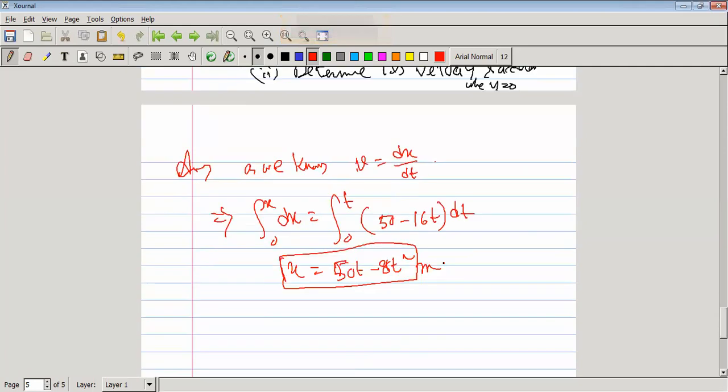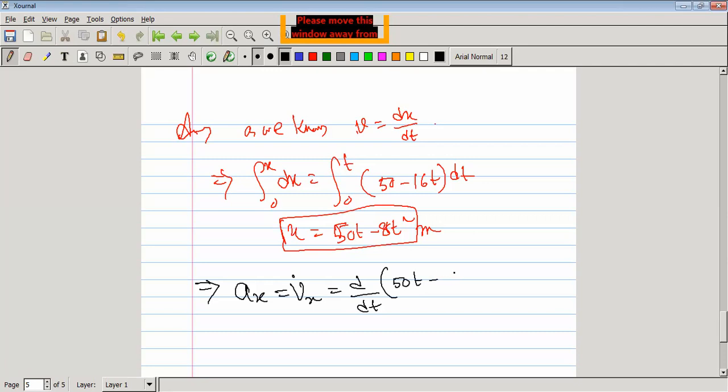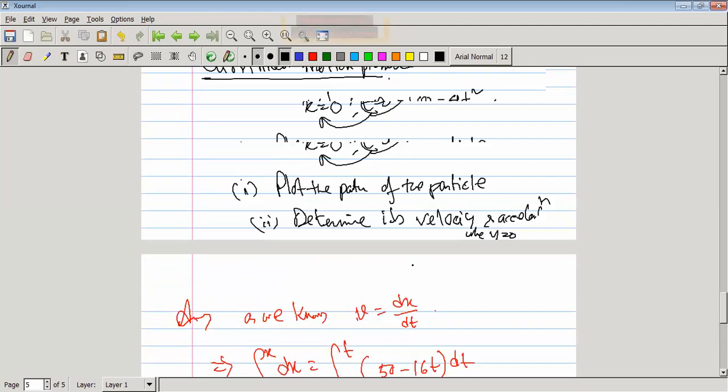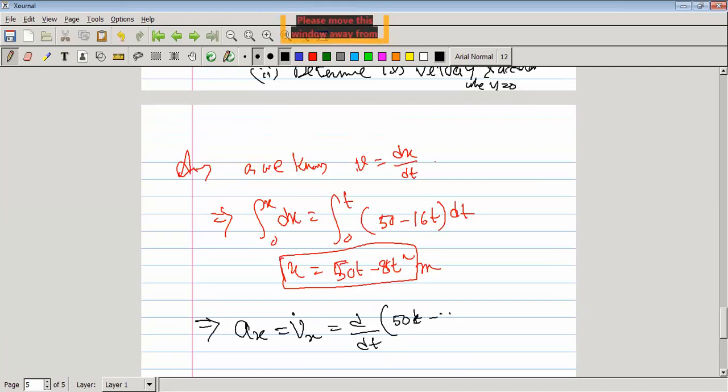And after that what we have to do, simply put: ax is nothing but x double dot, meaning the derivative of velocity, so the derivative of 50 minus 16t.